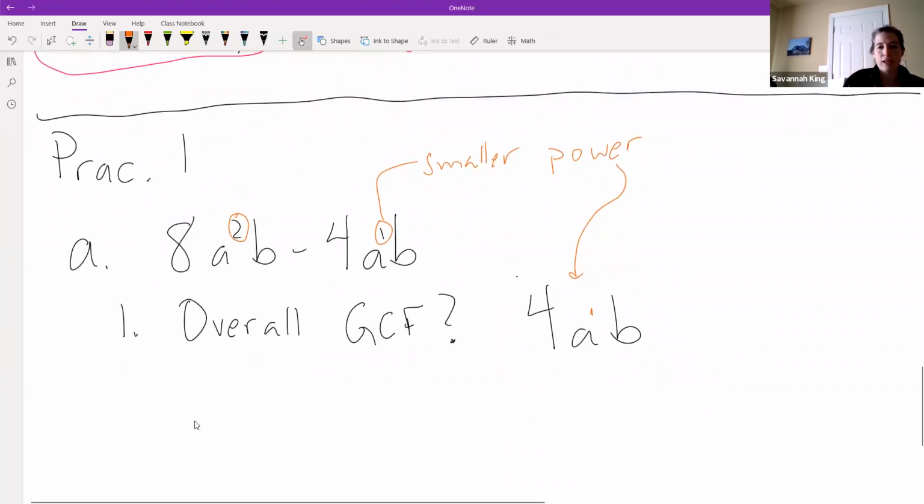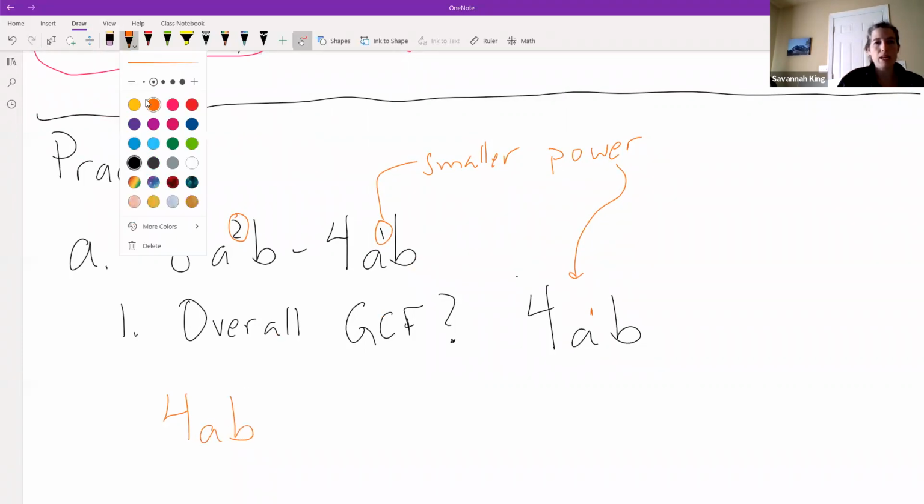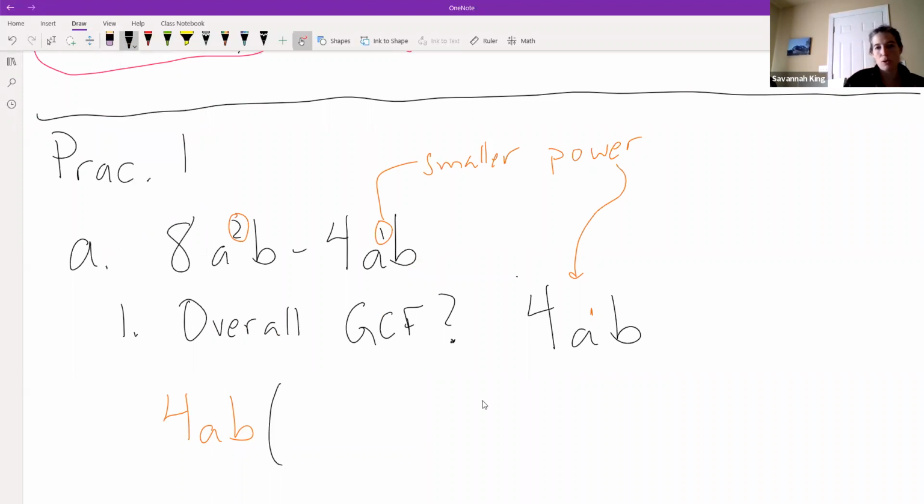And as I divide it out, here's what the remaining pieces of the polynomial look like, and I have to introduce parentheses at this point. So I divided a 4 out of an 8 and got a 2. I divided a to the first out of a to the second, was left with an a.